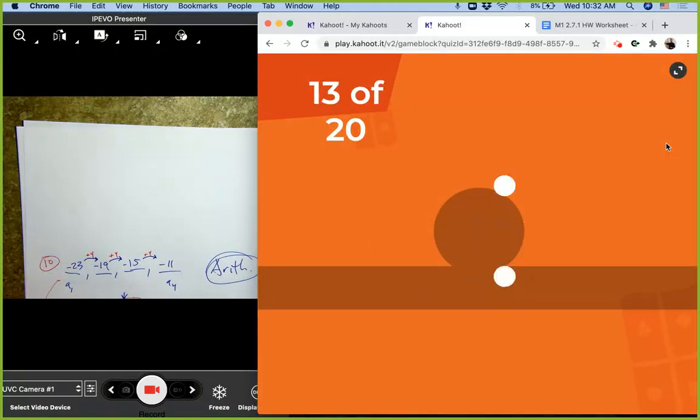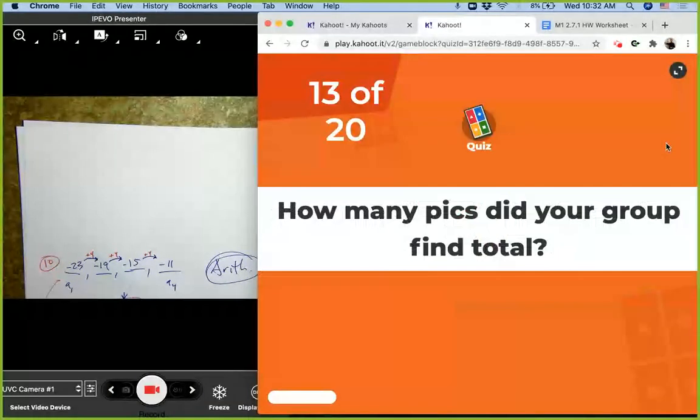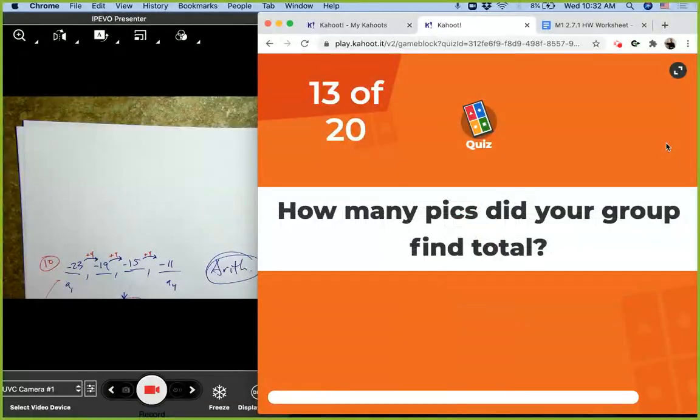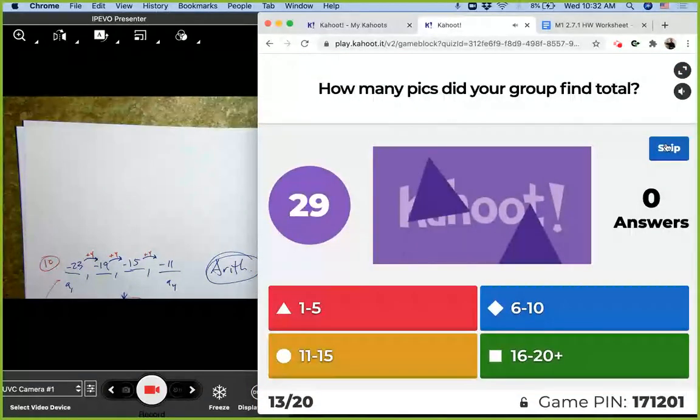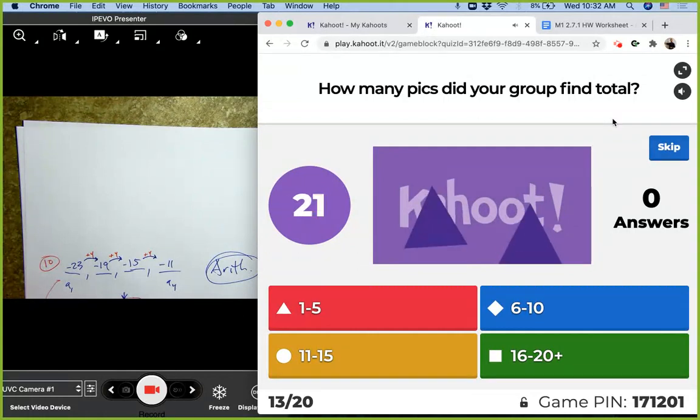Okay, you're going to write down or choose the number of pics your group found total. So everybody kind of estimate how many you showed each other. Did you just have 1 to 5 total? 6 to 10, 11 to 15, 16 to 20 plus? That's a lot.